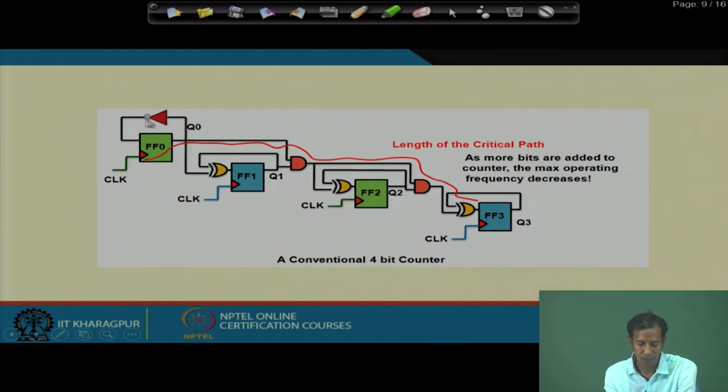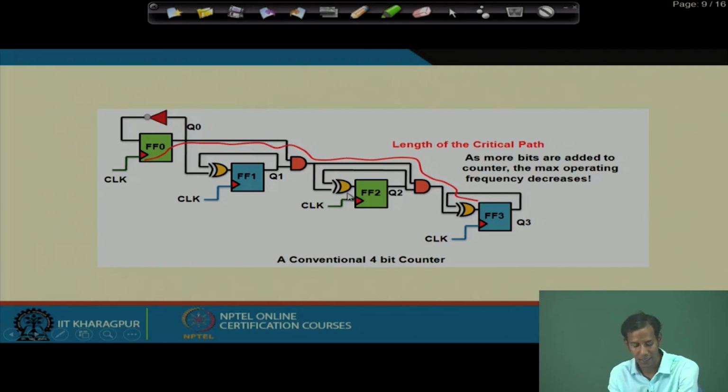The very first works as a T flip flop, then whenever this particular signal becomes 1, this will also act as an inverter, and again if this is 1, it will again act as an inverter. So, this is the basic structure of one counter.